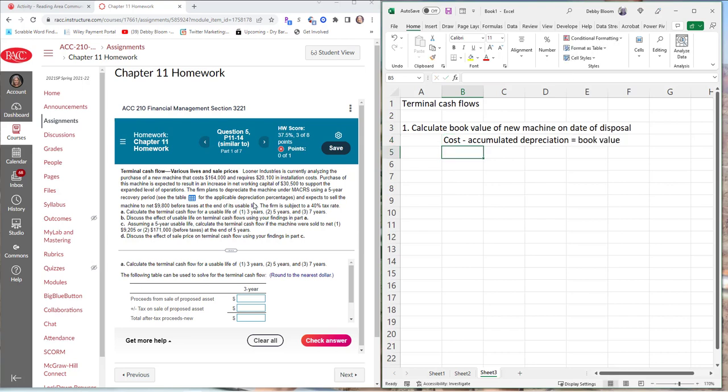The second step is we're going to calculate the gain or the loss on the sale, by taking the proceeds from the sale of the machine, or the sale price of the new machine, and subtracting the book value of the new machine.